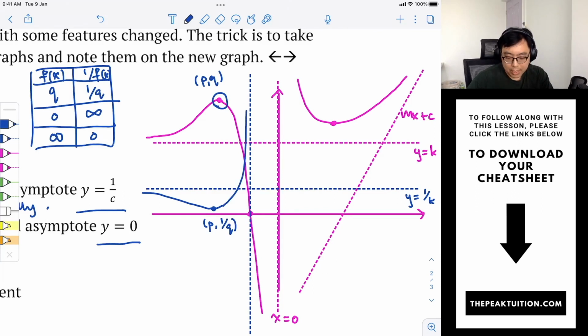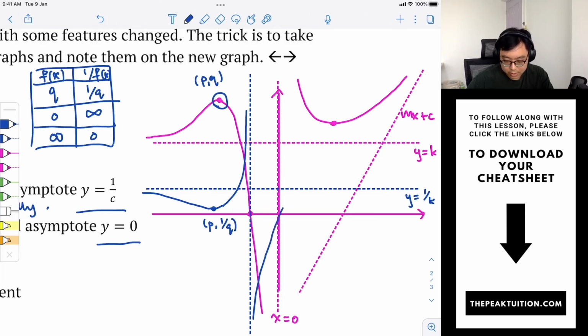Notice how along all these paths so far, the gradient has always been the negative of each other between the original graph and the reciprocal graph. Now that we move past the asymptote, the original graph is in the negative region, so the reciprocal graph will continue out here.